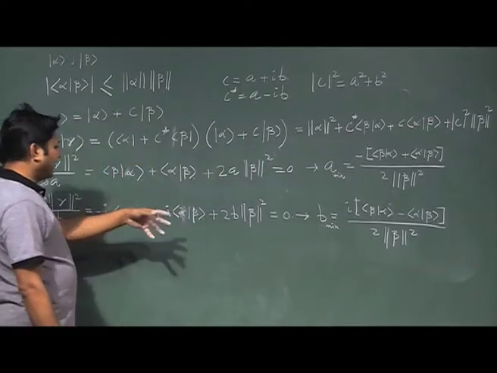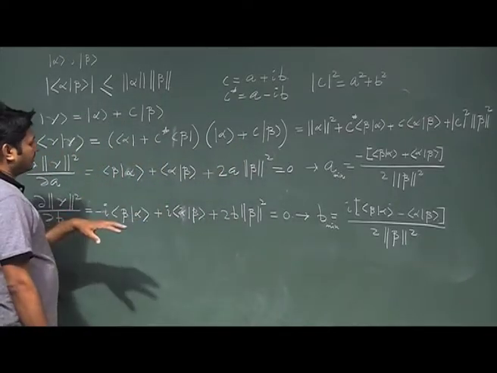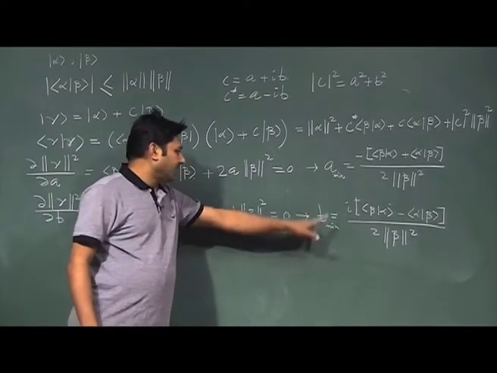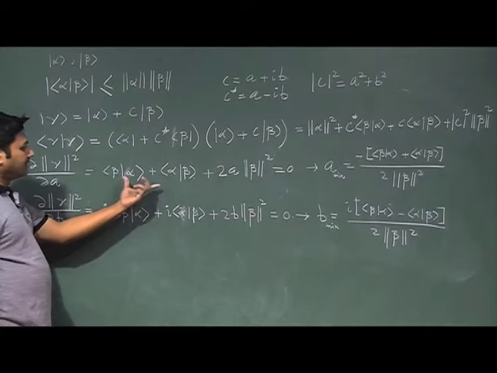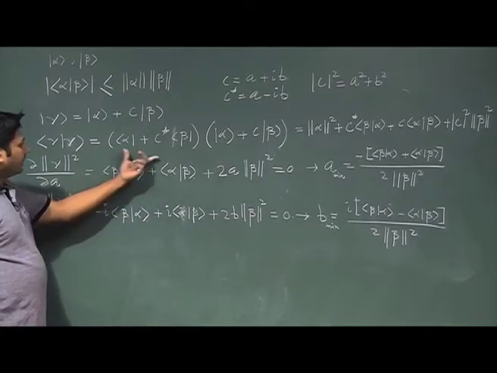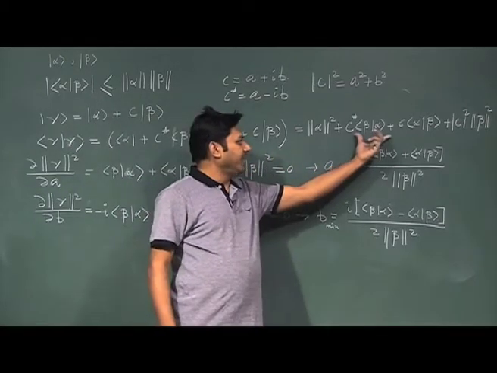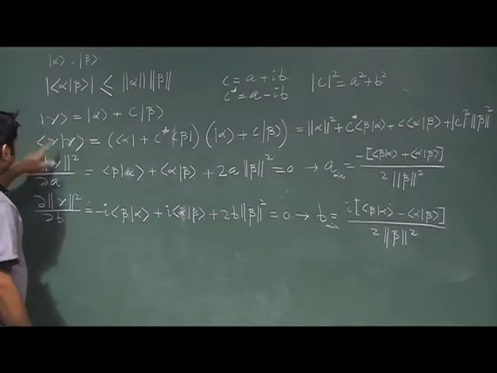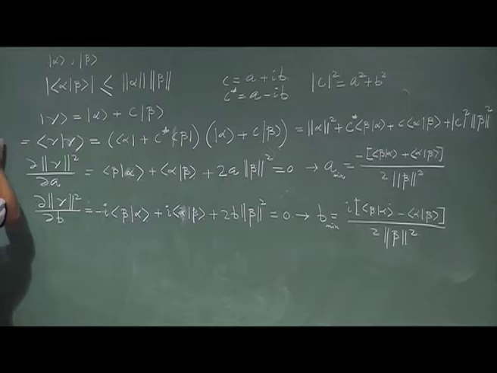So now I have a and b separately. These a and b I am going to put here to make it minimum. Now I am trying to find the minimum value of this norm, which is essentially this quantity.